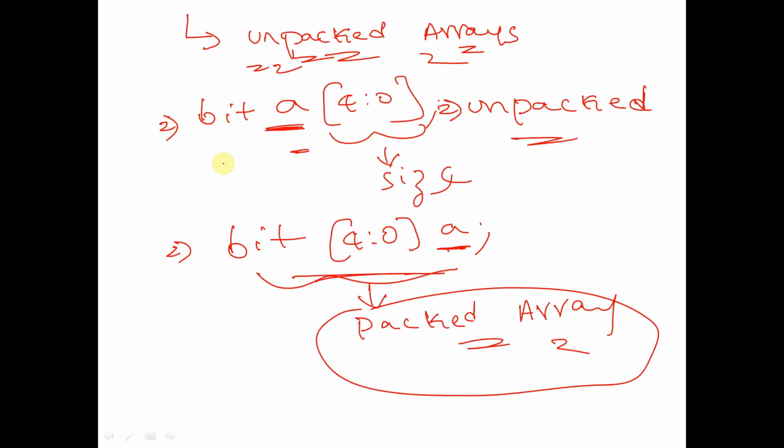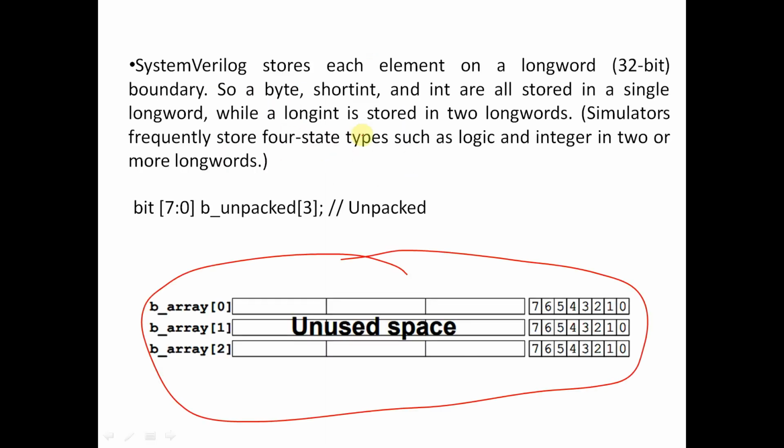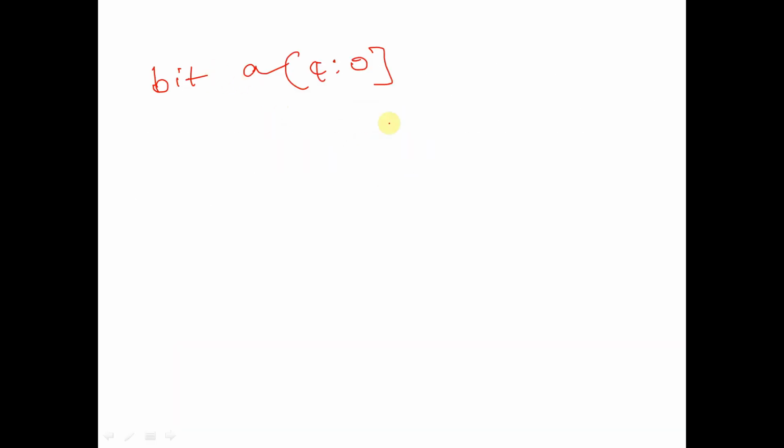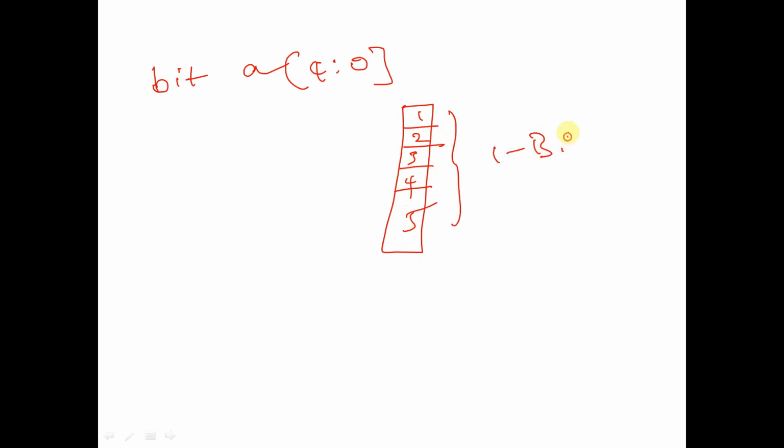So if we declare bit a 4 down to 0, our unpacked array looks like this with 5 locations: 1, 2, 3, 4, 5. Each location has 1 bit.